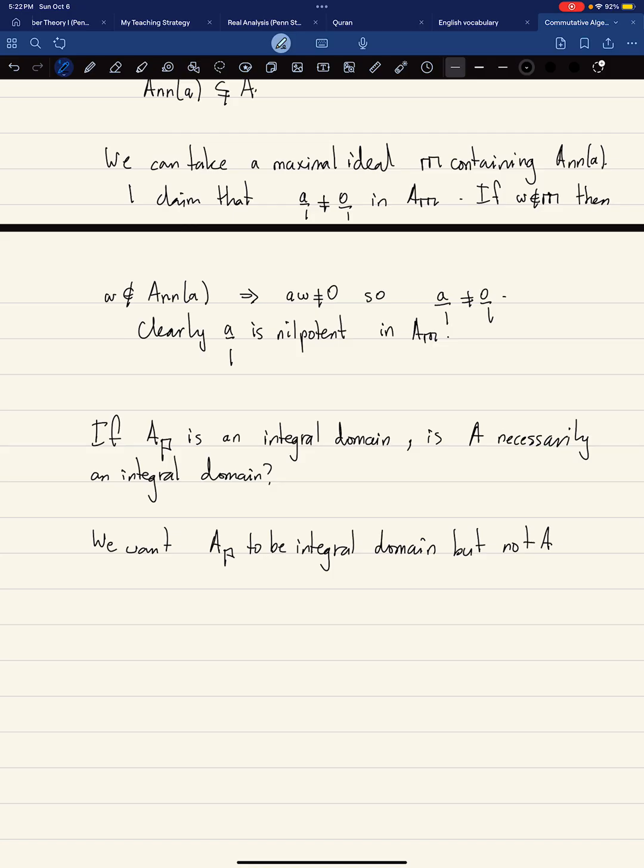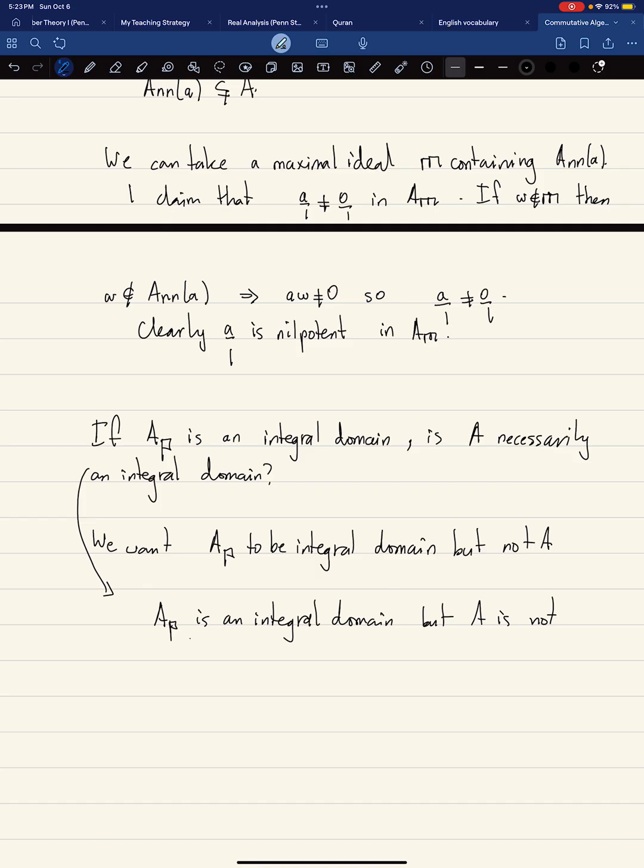The first part of the problem actually gives us some information about how we can construct a counterexample. If each AP is an integral domain, then the first part tells us that the counterexample must satisfy this: suppose AP is an integral domain but A is not.